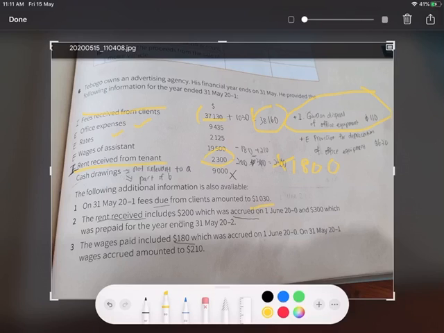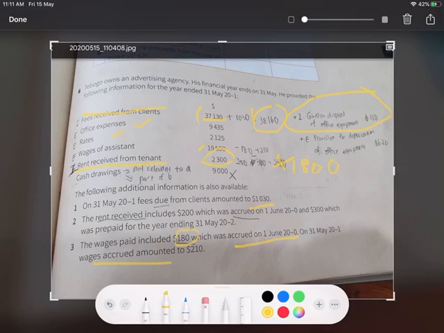The wages paid include 180, which was accrued on 1st June 20-0. This is the opening financial date. On 31st May 20-1, wages accrued amounted to 210.